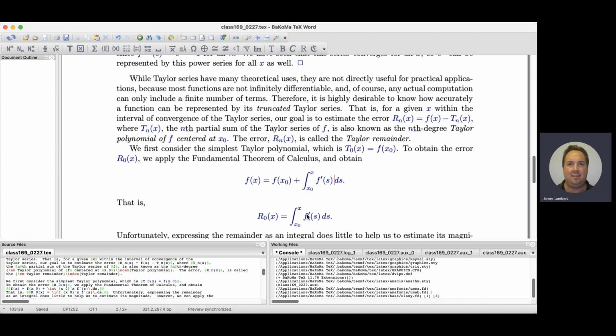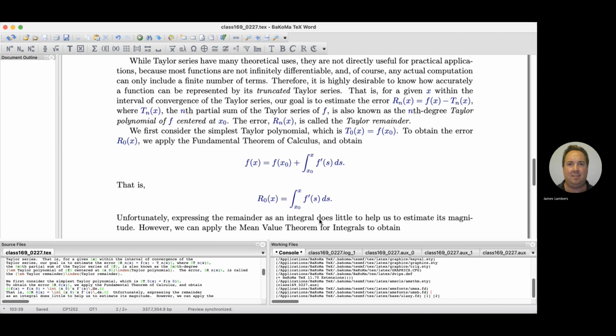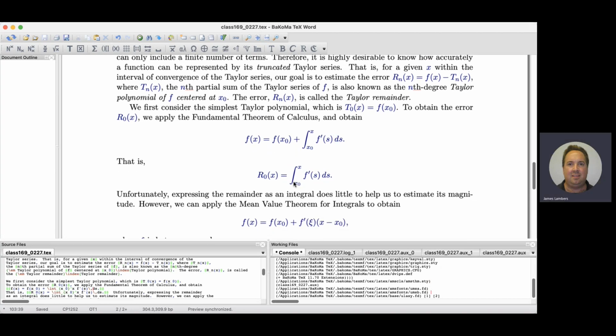Now, this is not a very helpful form of a remainder, but what I can do is use a theorem called the mean value theorem for integrals. It's something that may have been covered in Cal 2, or it should have been anyway.